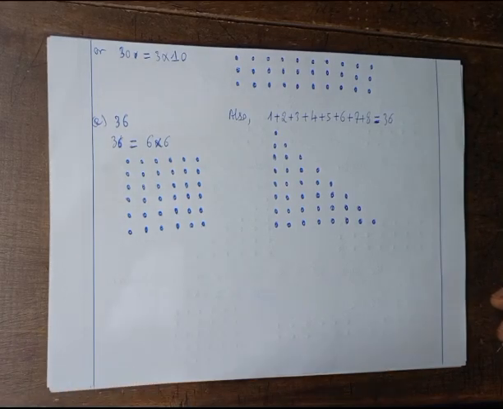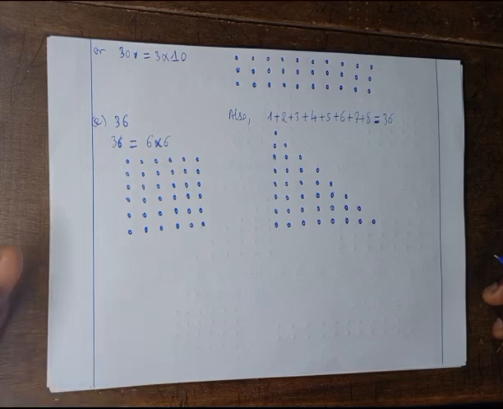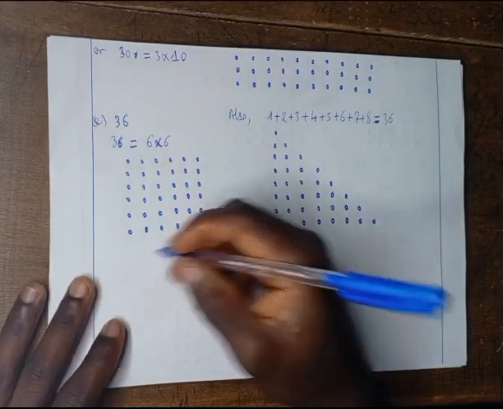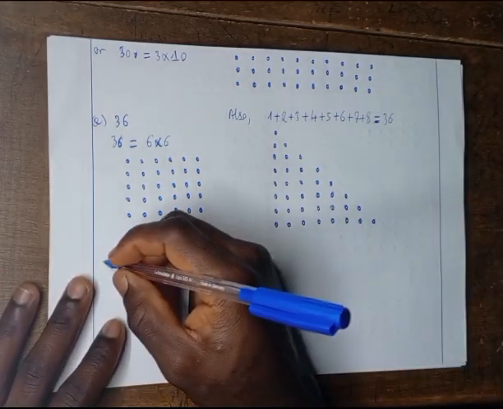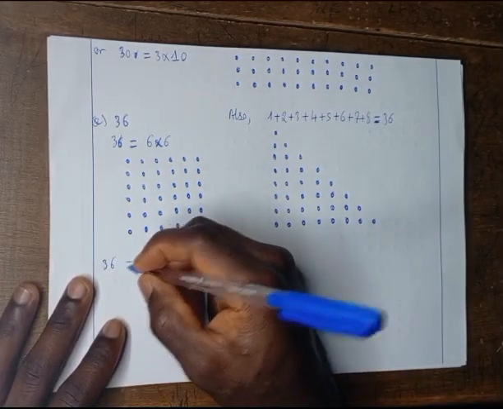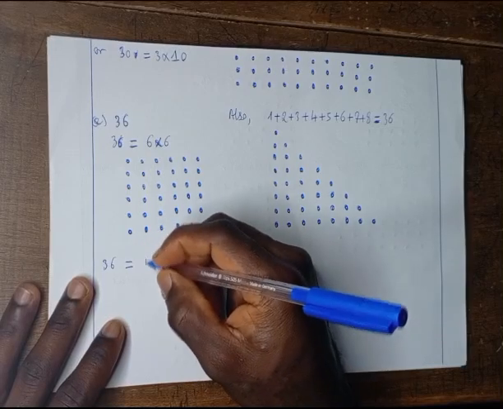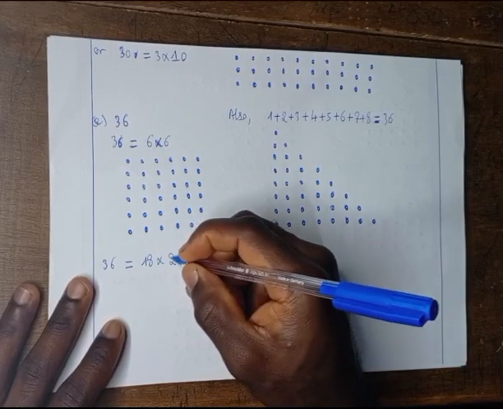Also, we can express 36 as 18 times 2, which gives us 36. Let's take this down also. 36 can be written down as 18 times 2.